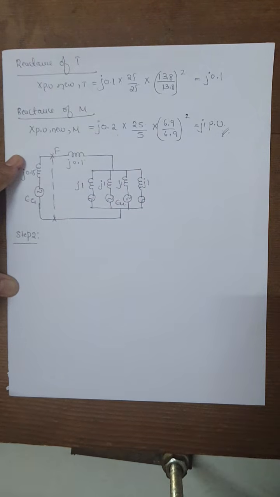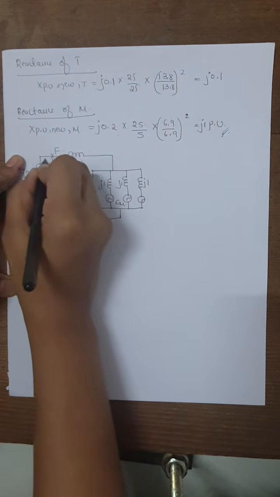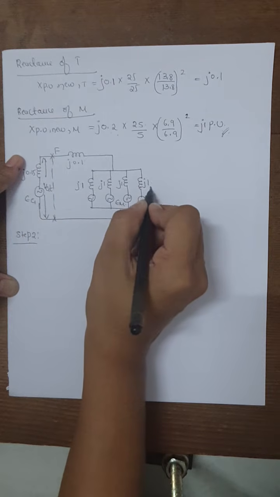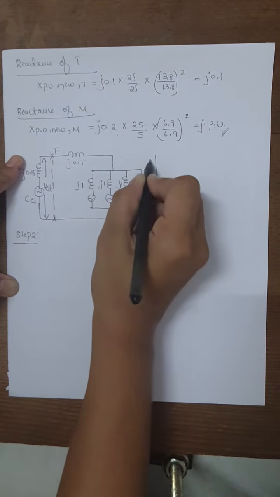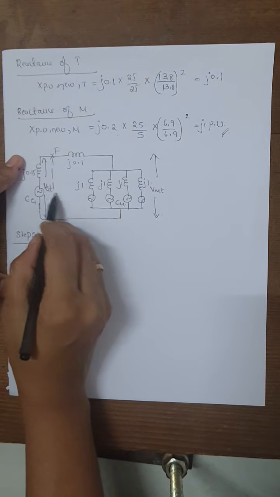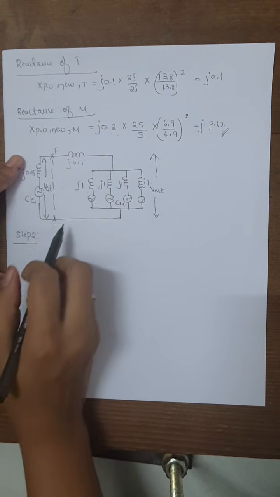For that calculation, consider the same reactance diagram. This is the generator terminal voltage VGT, and this is the motor terminal side, VMT. Here the fault has occurred at this point, so it is clearly understood that VGT will be equal to VPF per unit. But there is a twist in the given problem.